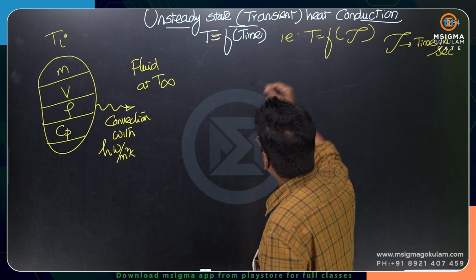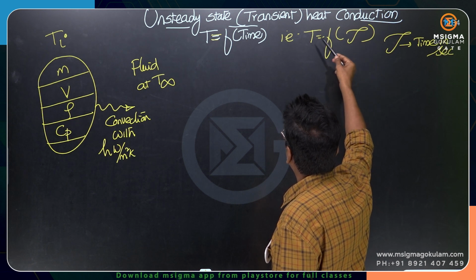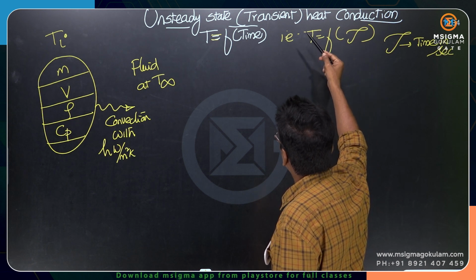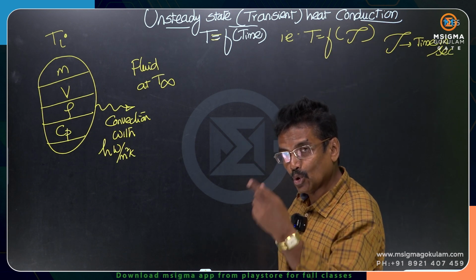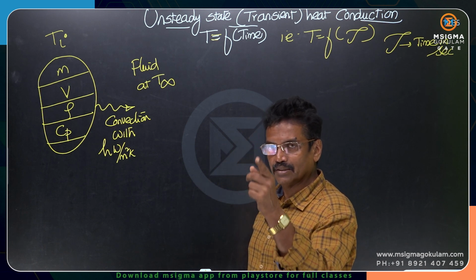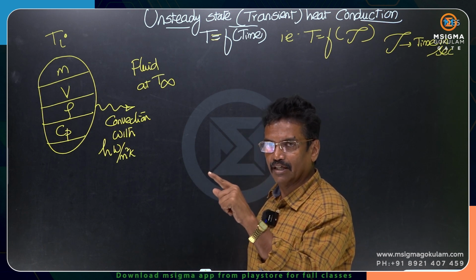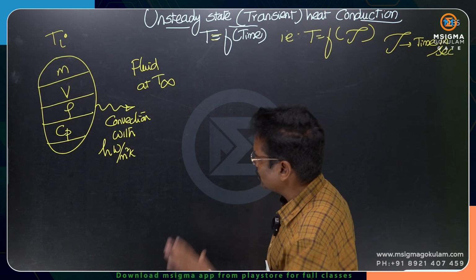So, once I establish that function, knowing the time, I can get the temperature, and vice versa. Knowing the temperature, I can get how much time will be taken by the body to reach that particular temperature. So, this is the situation.